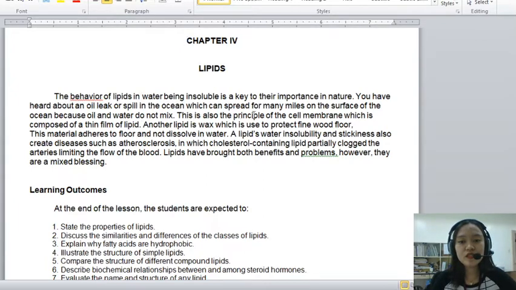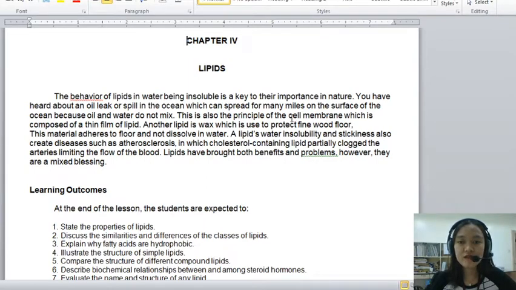This is also the principle of the cell membrane, which is composed of a thin film of lipids. So if you have your anatomy and physiology subject, meron doong chapter in which na-discuss yung presence ng lipids in the cell membrane.